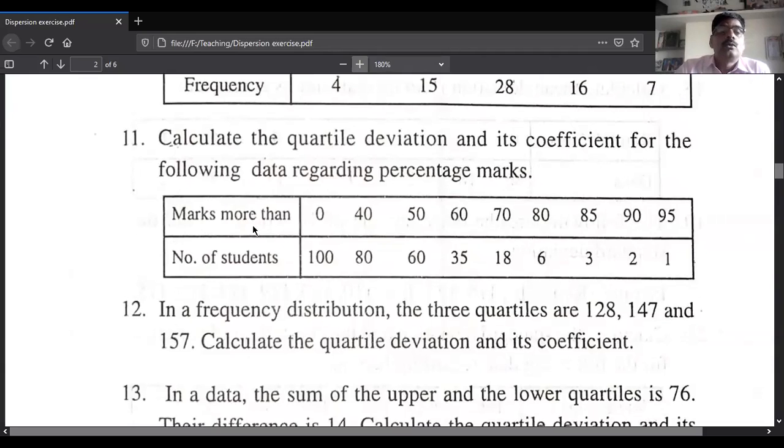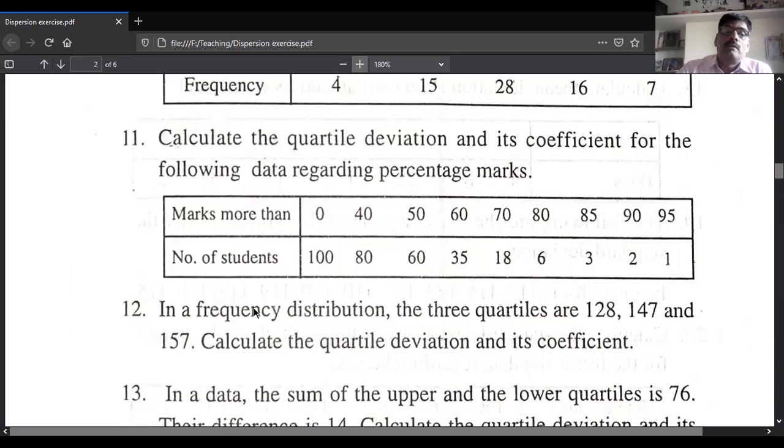This is a more than frequency distribution, therefore you have to convert the more than frequency into less than frequency.